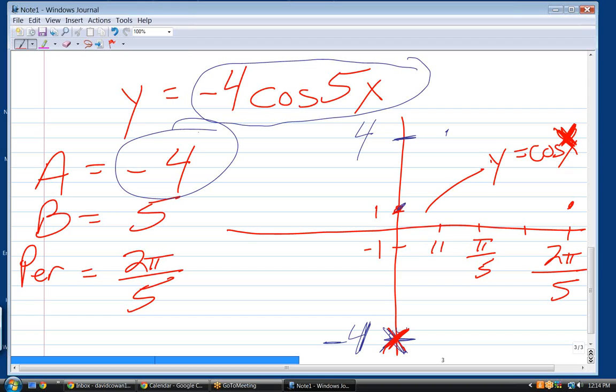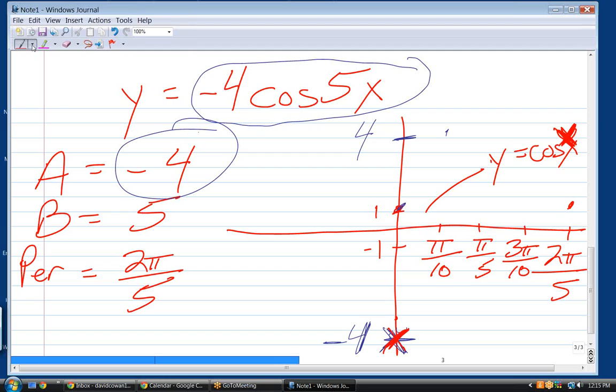Yeah, there you go. Now notice that this is pi over 10. This is 2 pi over 10. This is 4 pi over 10. What's this one? 3 pi over 10. That's the way to do these. All right, so I got my 4 quarter points. I got my beginning point. I got my ending point.